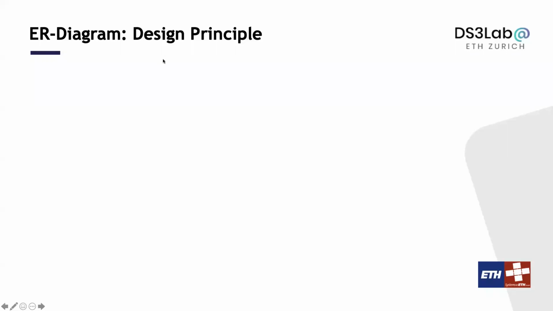Sorry. Okay, so let's continue. There are multiple design principles here, just as a rule of thumb. Sometimes when you model, you could get confused about whether you should model something as an attribute or as an entity.